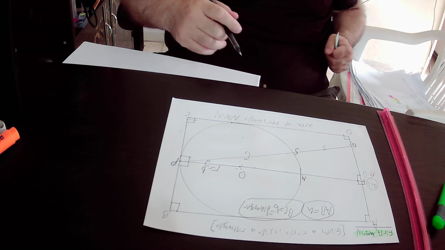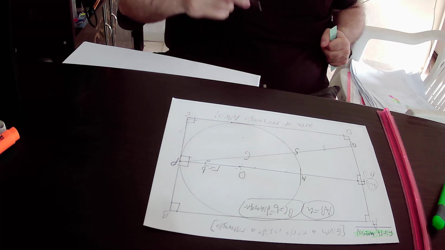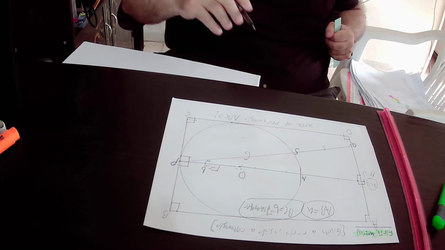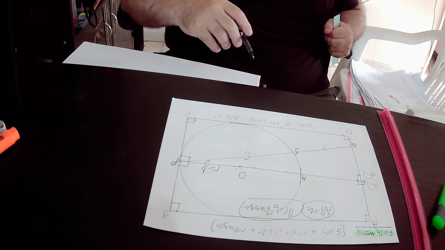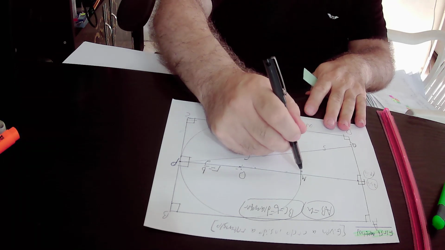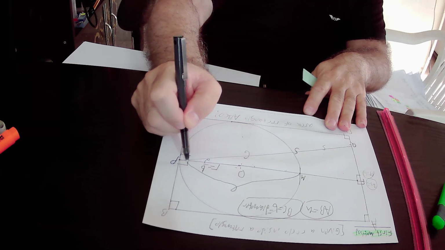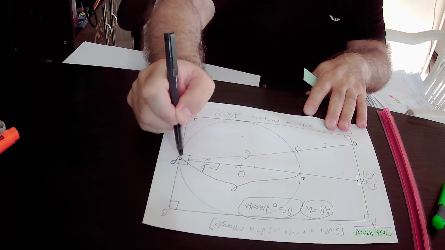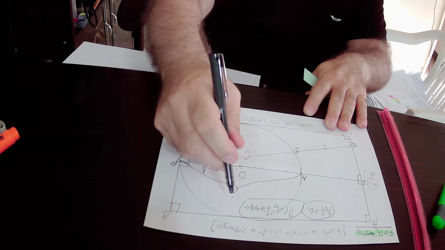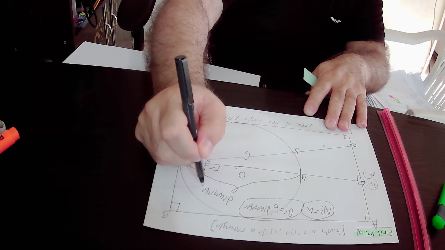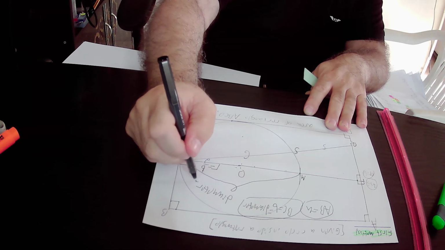Chord MP passes through point O, that is the center of the circle, and any chord that passes through the center of the circle must be the diameter of the circle. So here MP is the diameter of the circle, and we have already found out that the diameter of the circle equals B.